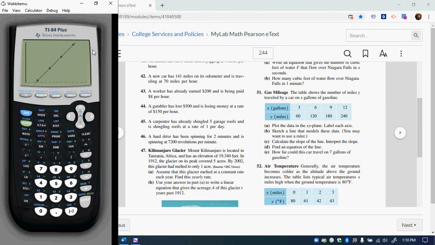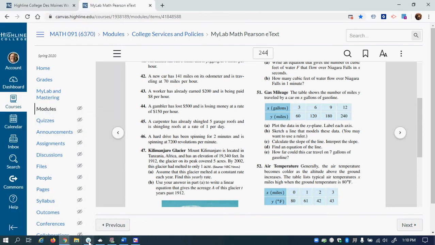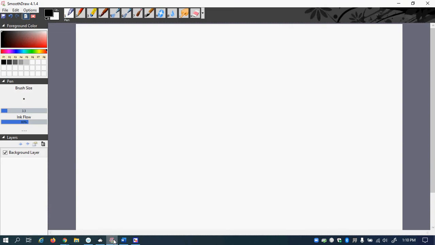So let's go and calculate the slope. Let's go back to my paper. I'm going to pick the 2 endpoints for number 51. One of the points I'm picking is (3, 60), and the other one is (12, 240). So this will be my x1, y1, x2, and y2.